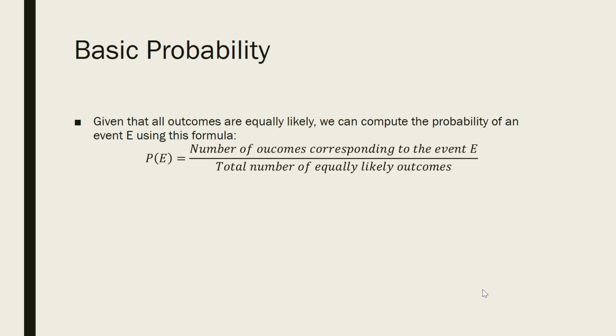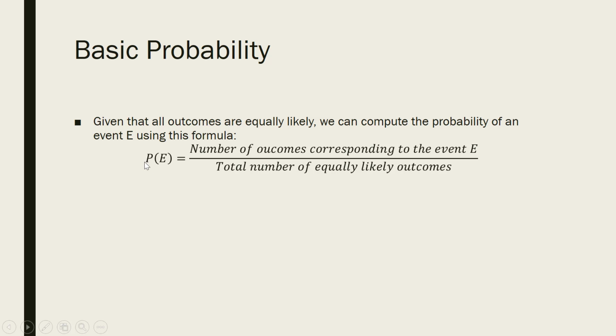So this brings us to the concept of basic probability. So given that all outcomes are equally likely, we can compute the probability of an event E using this formula. This notation over here is the function notation that you often see in algebra, where the P is like the name of the function, and inside the parentheses next to P is what is inside of the function.